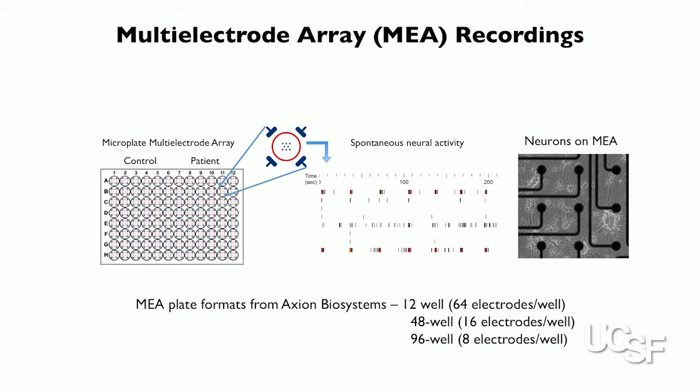We can monitor the neuronal activity for months, because the neurons are grown in each one of these wells, and each well has electrodes to record the activity of the neurons. These neurons can be grown for months, so we can do longitudinal tracking of the neural activities for the patient and the control.